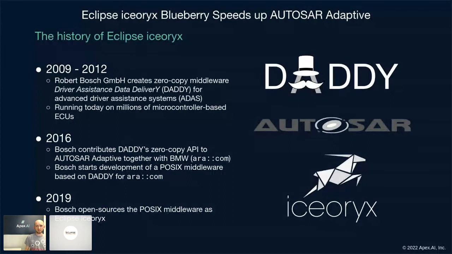This is a module of Adaptive AUTOSAR. But you might ask yourself, what exactly is Adaptive AUTOSAR? Well, Adaptive AUTOSAR is the next generation standard of AUTOSAR. So it's not AUTOSAR Classic anymore, but it is targeting POSIX-based devices, so devices which run an operating system like Linux or QNX.